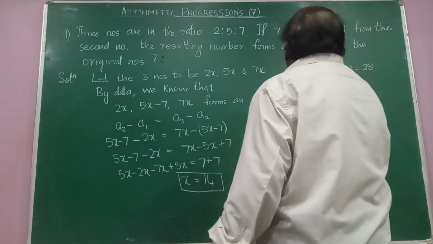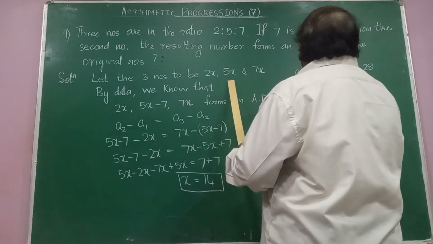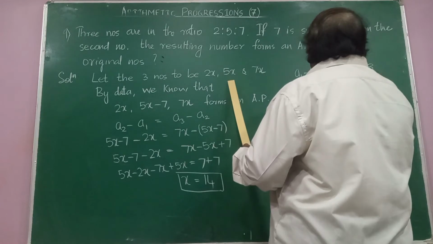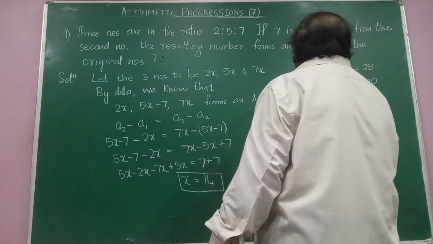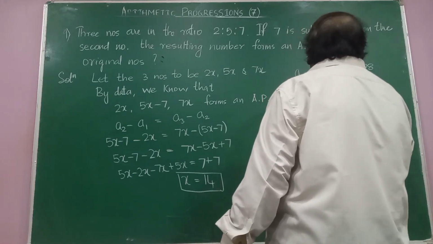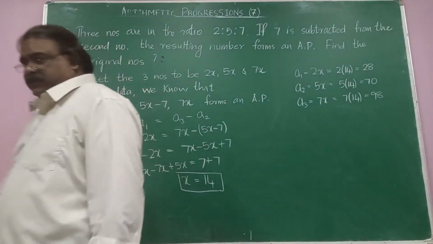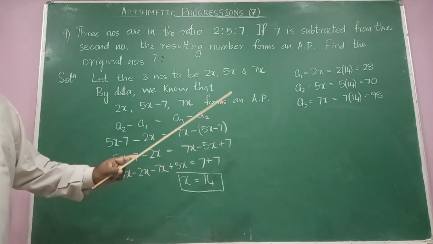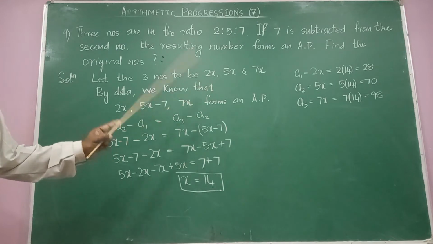My second term is 5x, that is 5 into 14, and my third term is 7x, that is 7 into 14. So which are my three numbers? My three numbers are 28, 70 and 98. Is that clear?